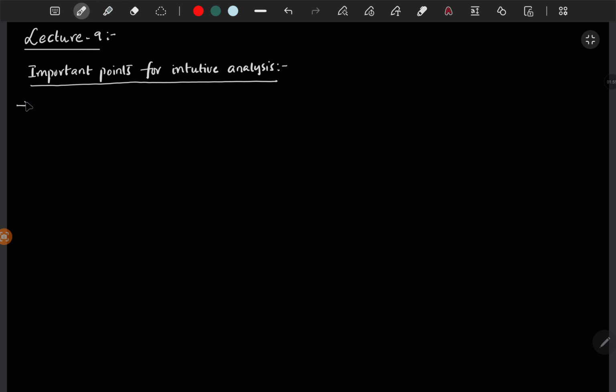So the first thing you should know is, these are all points we have already discussed, but we are just summarizing here. So if finite current flows through a capacitor, then it starts charging or discharging.